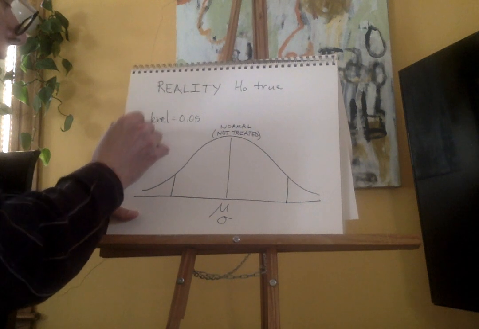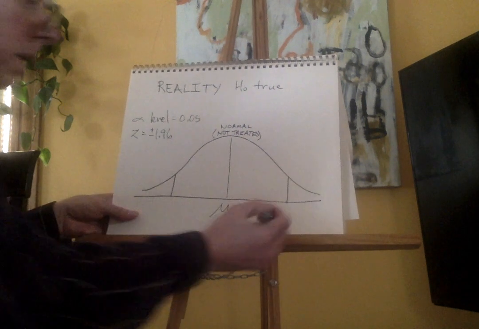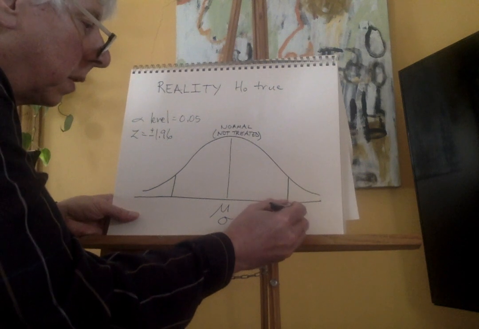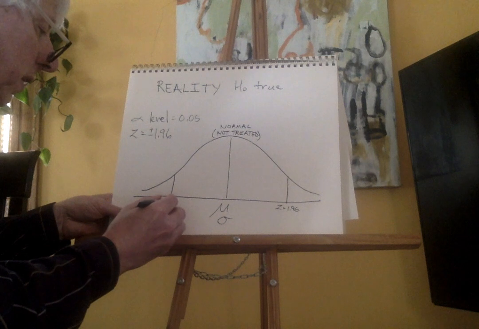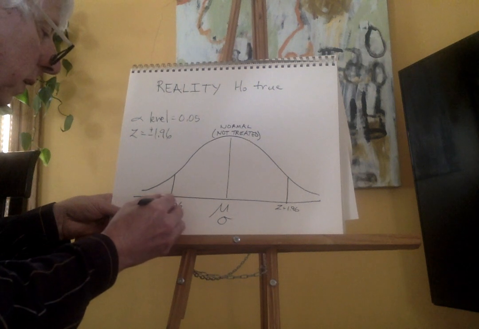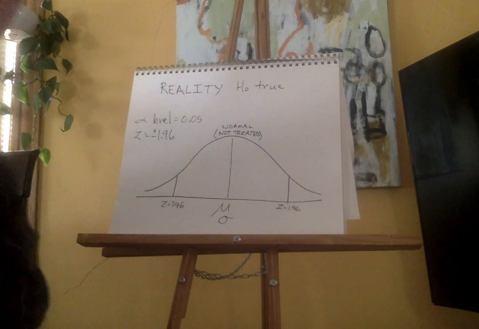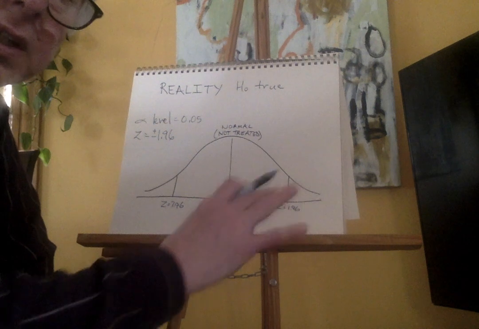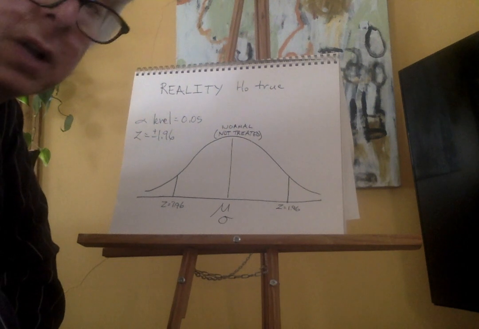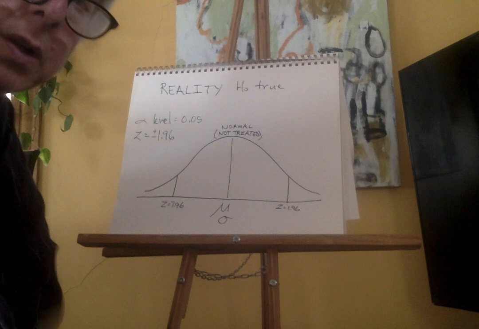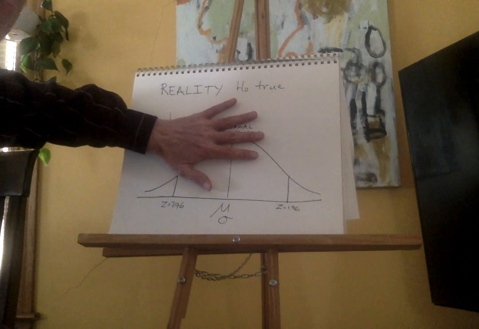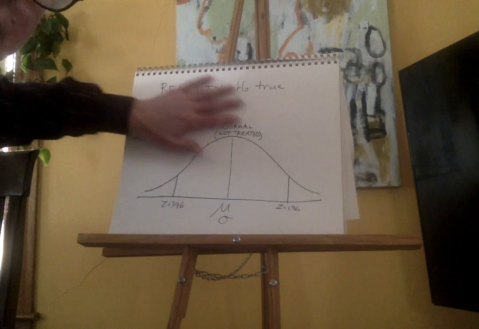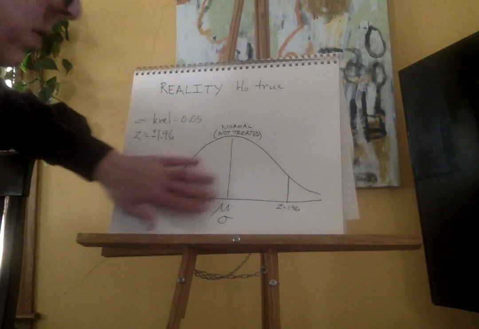We said anything above a z-score of 1.96 or below a z-score of negative 1.96, if we found our samples in there, we would reject the null, okay? Now, I'm playing God here. I'm just going to say, let's assume that the reality is the null is true. There is no treatment. There's just one curve.